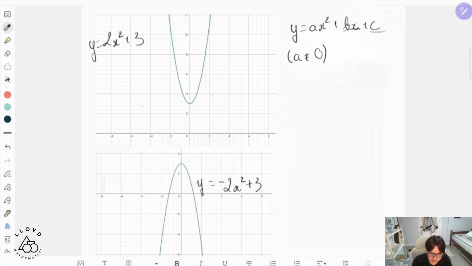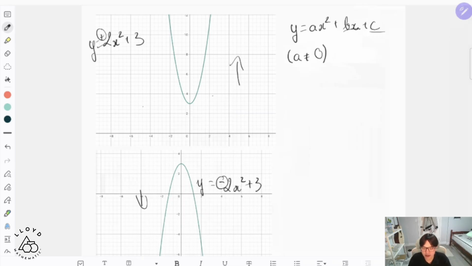One is facing upward, which is this one, as you can see, right? But here is the U shape facing downward. So what is it about? It's just the difference between the minus here and the plus here, right?